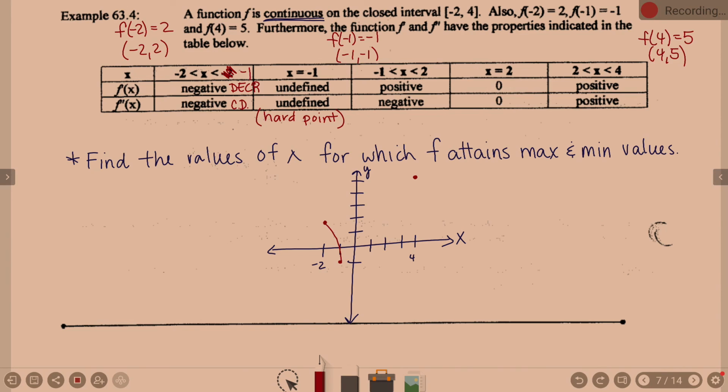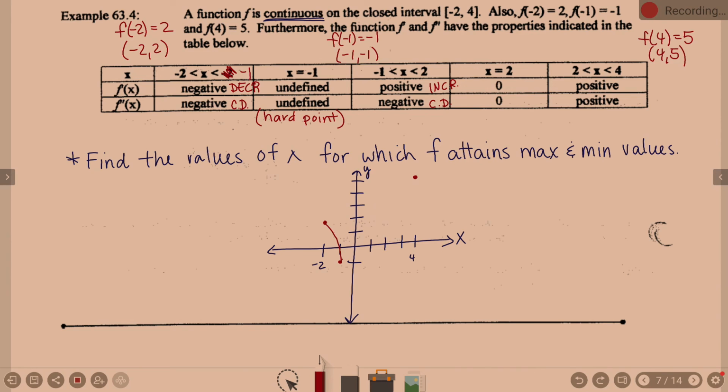Positive first derivative means we're going to be increasing. Negative second derivative means concave down. So to go from this point at -1 to the point at 2, it's increasing but concave down.